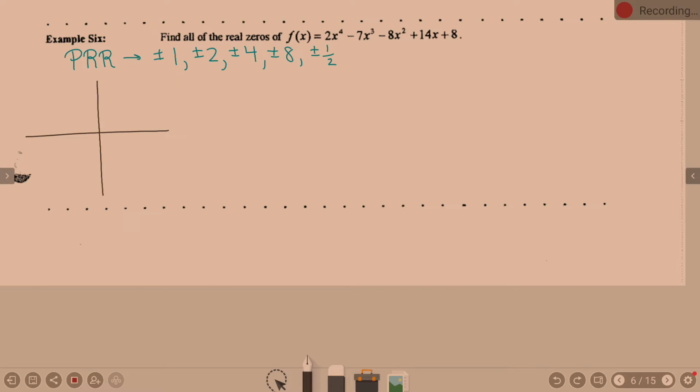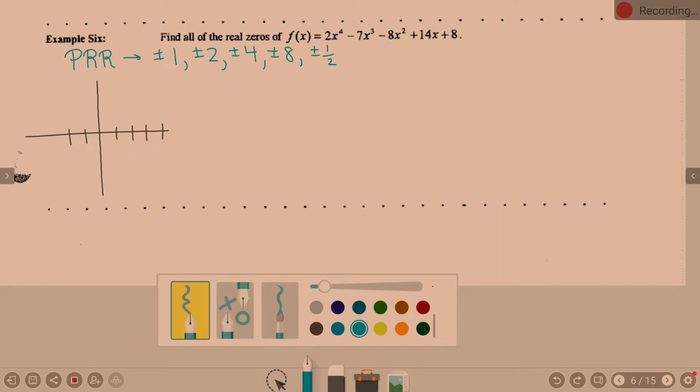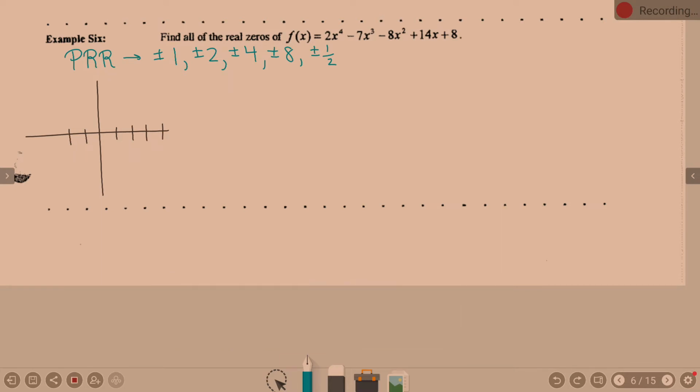And what do we know? Okay, that is a very rough drawing, but it's close enough. It gives me what I need.